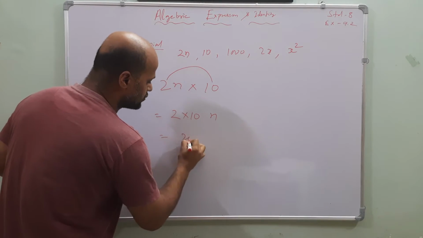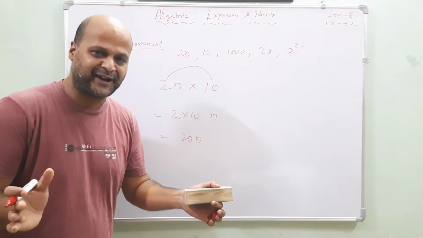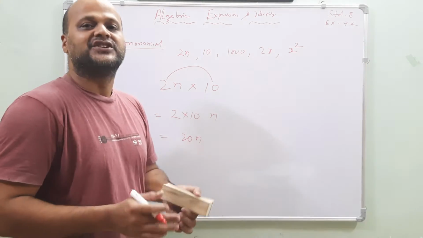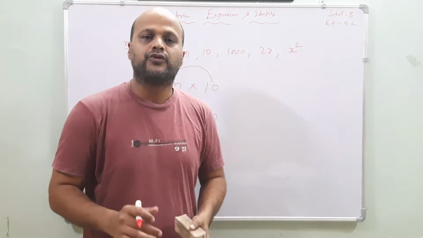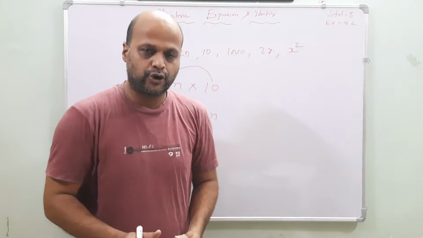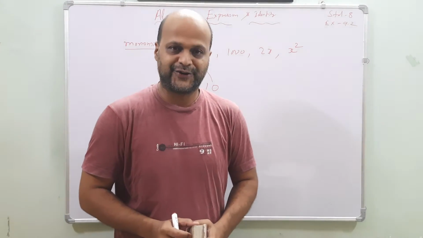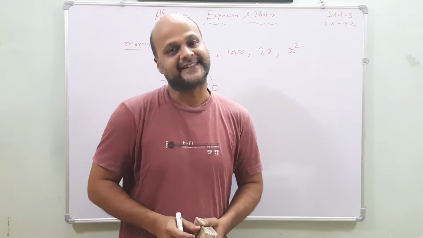So 2 into 10 is 20, and the answer is 20n. Understood how easy it is, my dear friends? In this manner you have to find the products of two monomials. Always remember the funda before going into the lesson. Okay, let's go to your exercise.